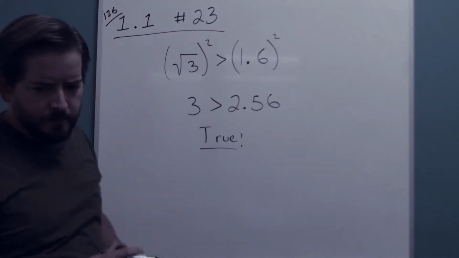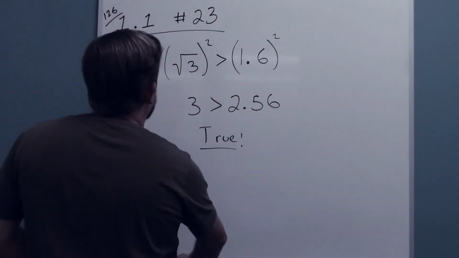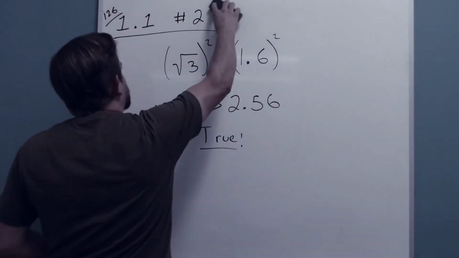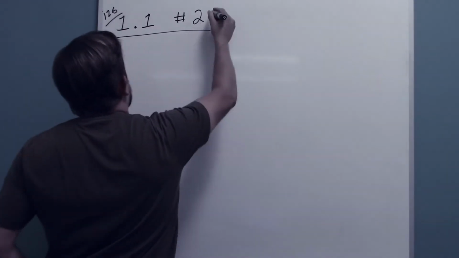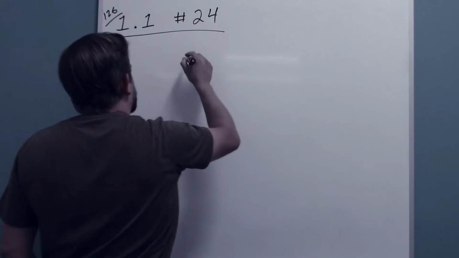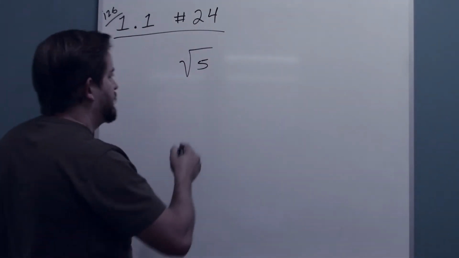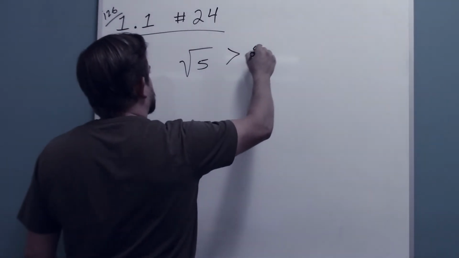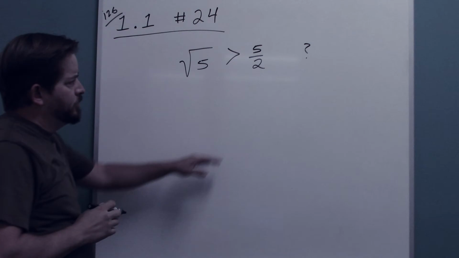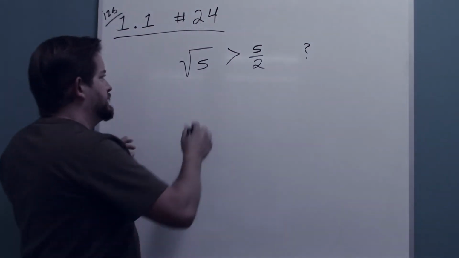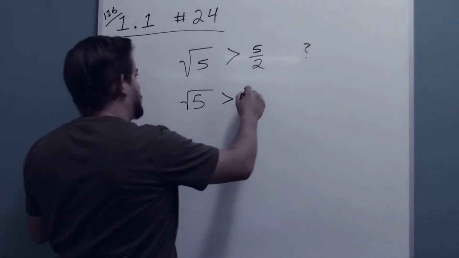All right, let's look at 24. 24 is similar. It says, is the square root of 5 greater than 5 halves? I'm going to write 5 halves as 2.5 because it's easier for me to deal with a decimal than this improper fraction.